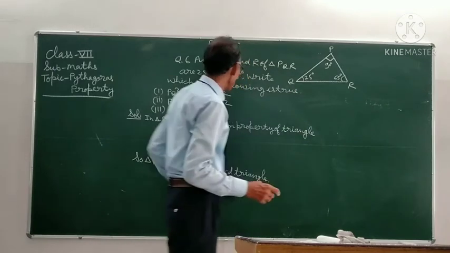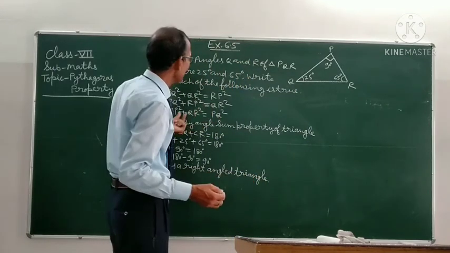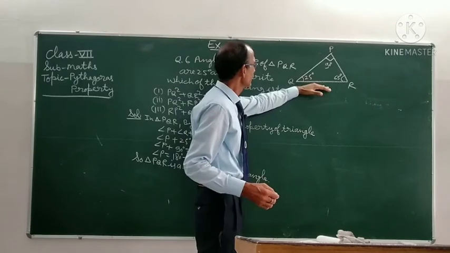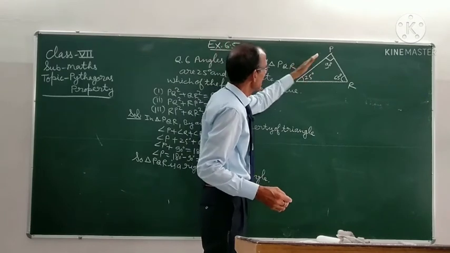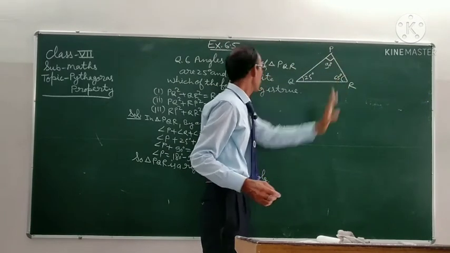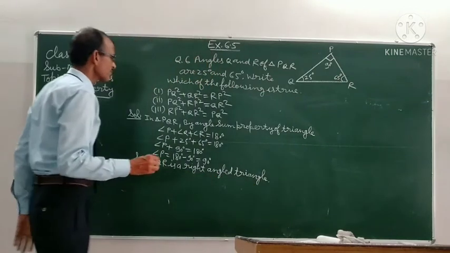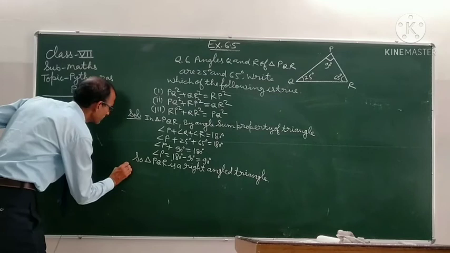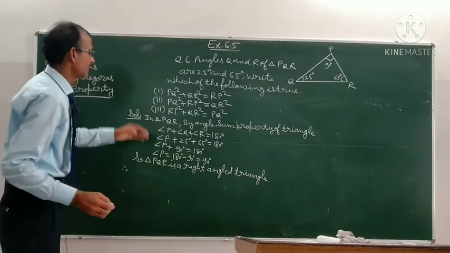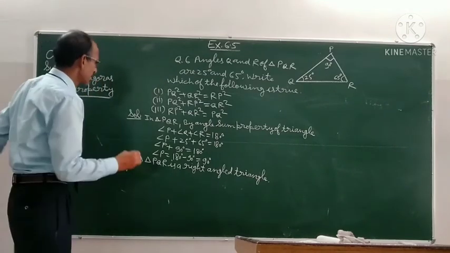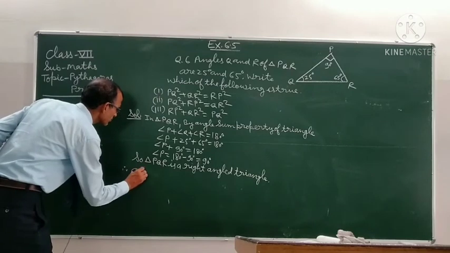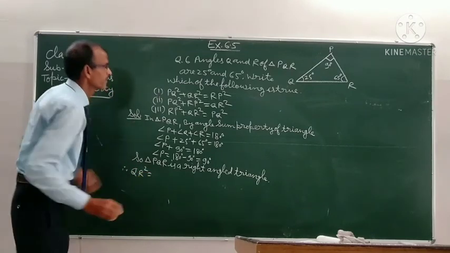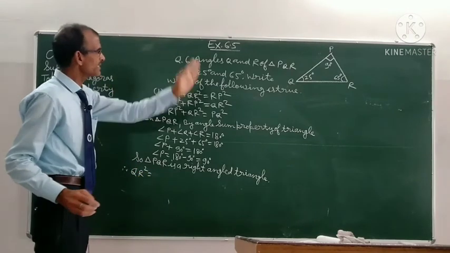So, by Pythagoras theorem, we can write QR square is equal to PQ square plus RP square.